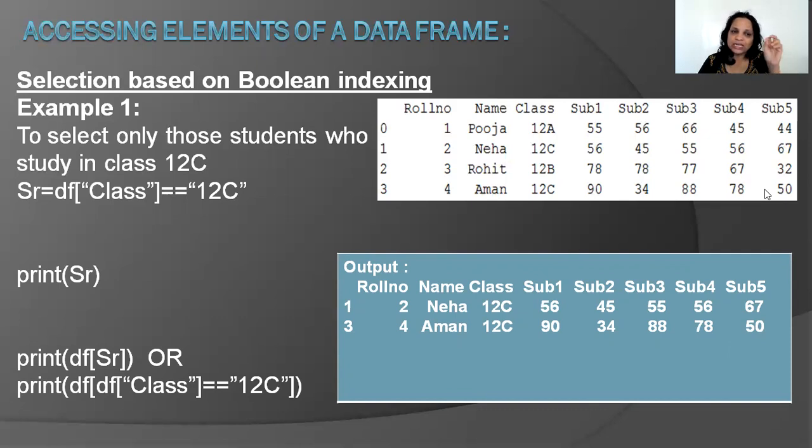What was SR? df square bracket class is equal to 12C. So instead of writing SR, I wrote df square bracket class equals 12C. Clear? So to display the data, this is what you have to do. If you just want to know which rows satisfy the condition or not, then you just display the value of SR.